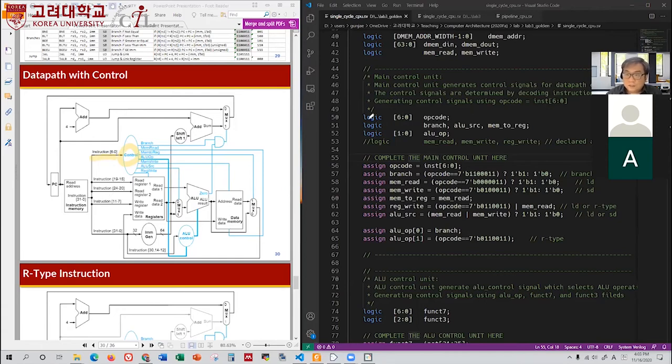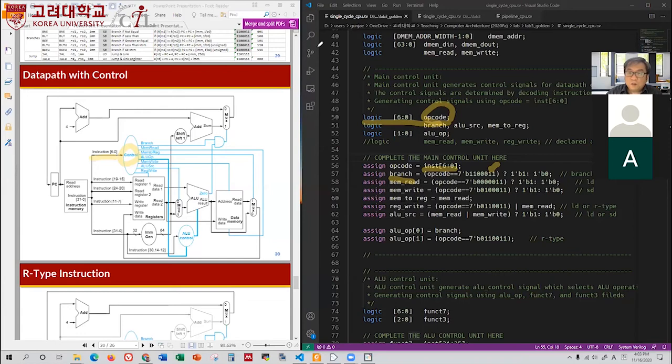So you can find this OP code here. The main control unit receives this OP code. The OP code is just inst[6:0], and based on the OP code, these control signals are generated. Okay, so for branch, if the OP code is like this, then branch becomes 1. Otherwise, the branch signal becomes 0.